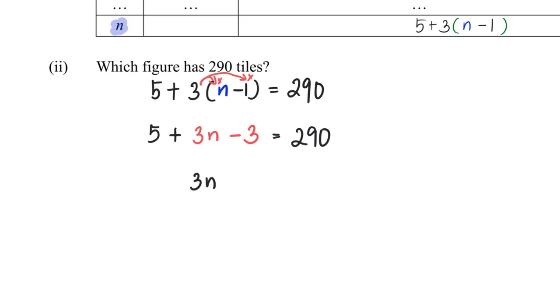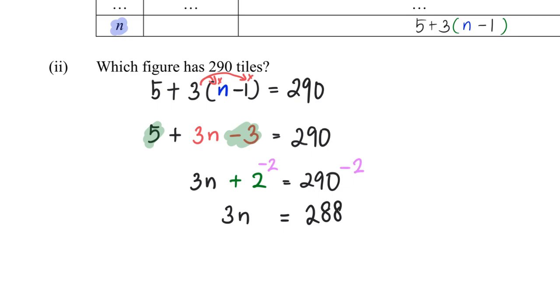3n. 5 minus 3 will be positive 2. So my 3n will be equal to, I'm going to minus 2 on both sides, so that I will get 288. So finally, I'm going to divide by 3 on both sides to get my n.